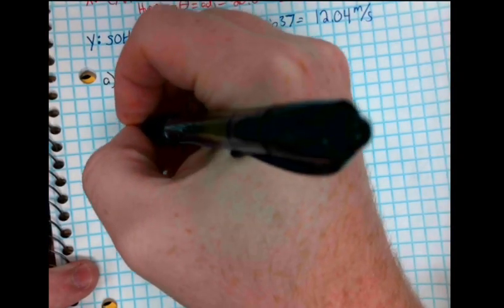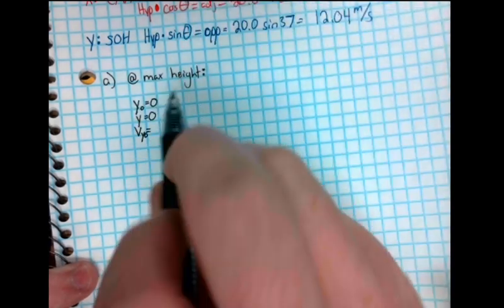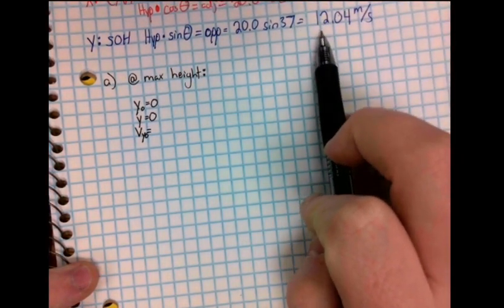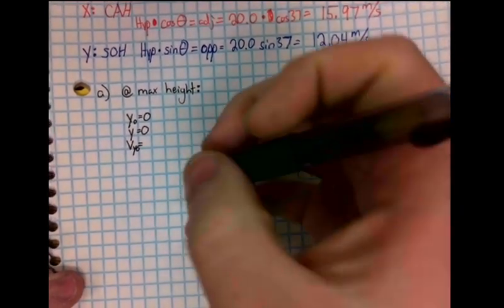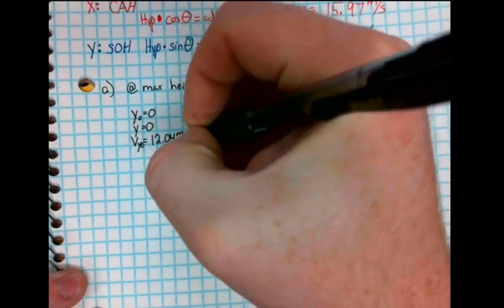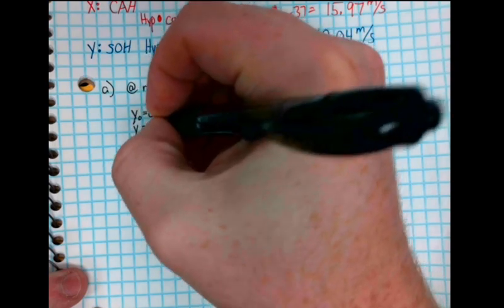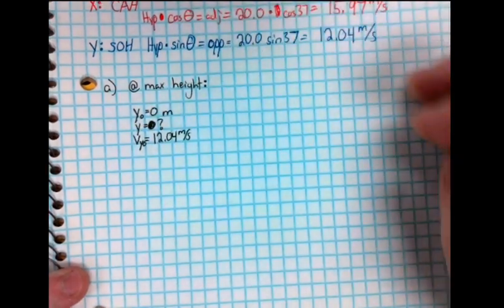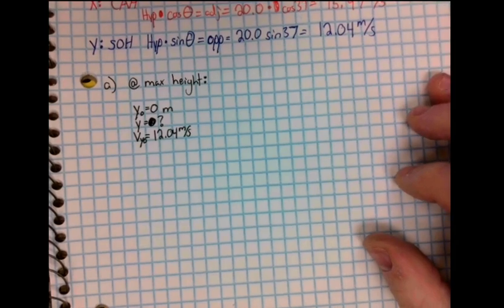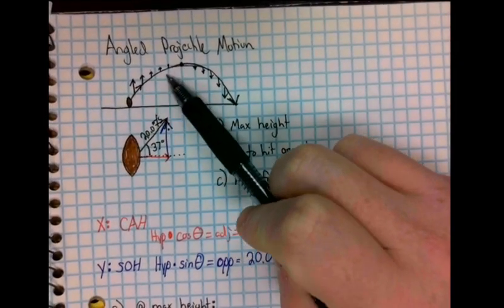We know our initial v in the y direction is the y direction velocity right here. It's 12.04. That's not 0. That's what we're looking for. We also know that just like with our last example, when you're at that midpoint of the arc, that is where it freezes.